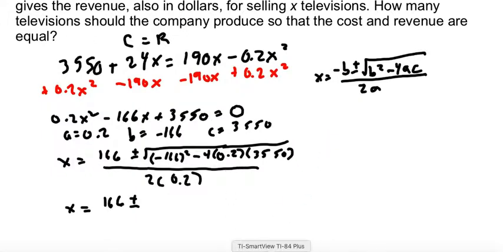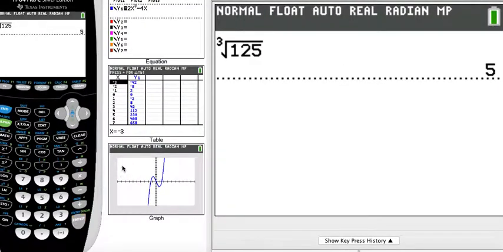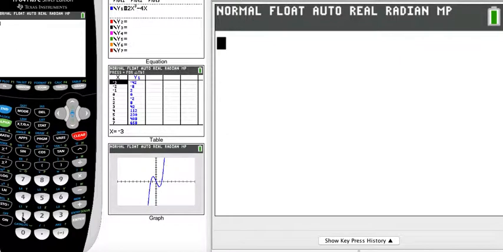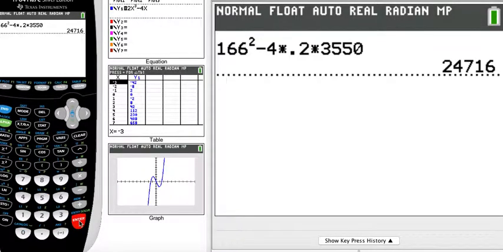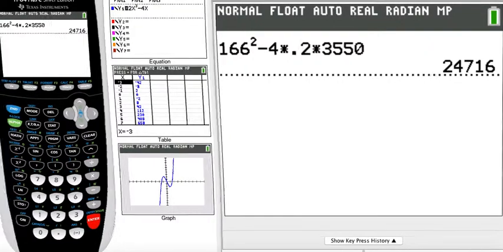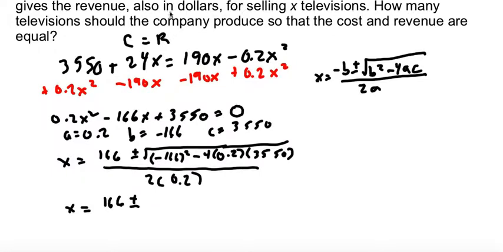So I'm going to take 166 squared minus 4 times A times C and I get 24,716, all over 2 times 0.2, that's going to give us 0.4.